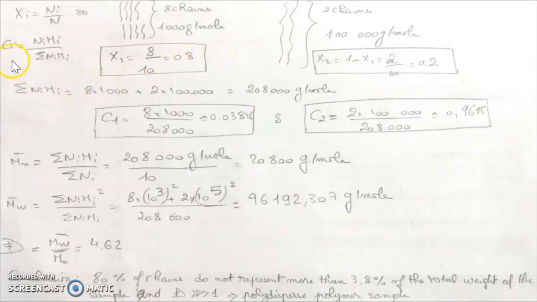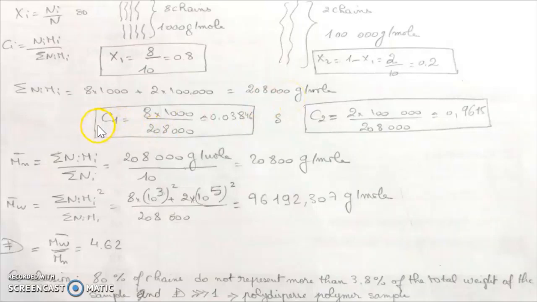If I want to calculate the fraction in weight, the formula is NiMi divided by the summation of NiMi. So here I calculate the summation of NiMi, which is equal to N1 of the first family times M1 plus N2 of the second family times the mass of each chain of the second family. So I will get the value of the summation of NiMi.